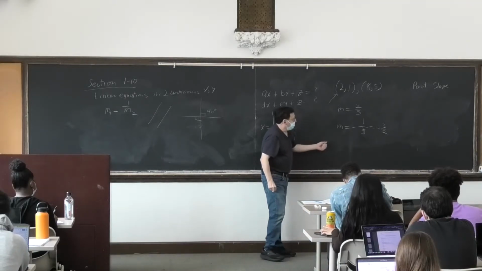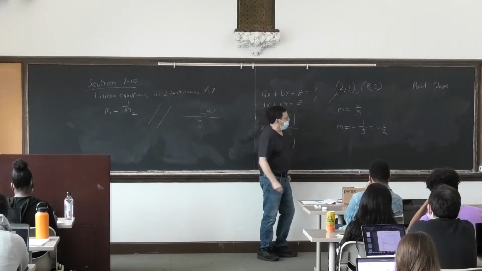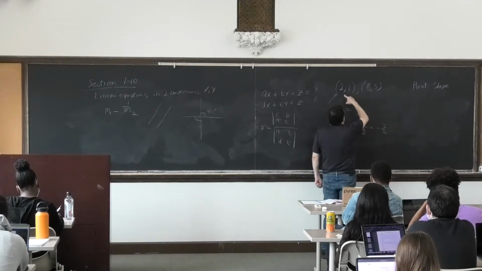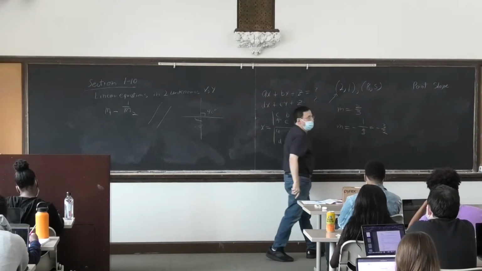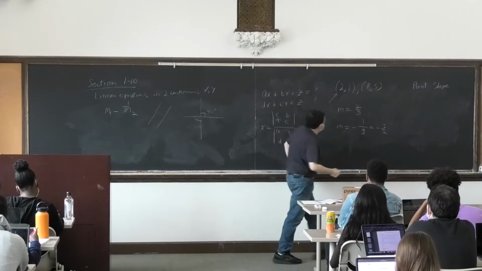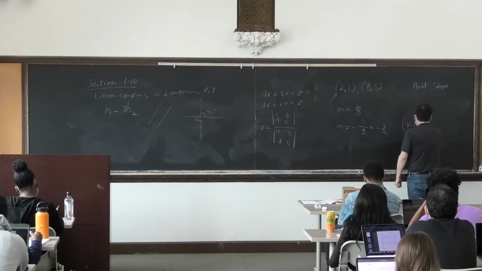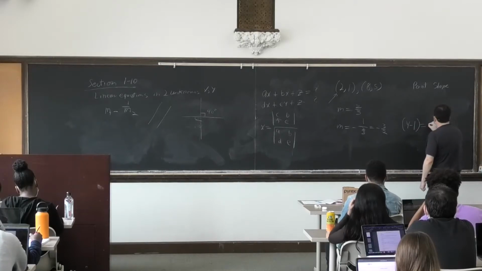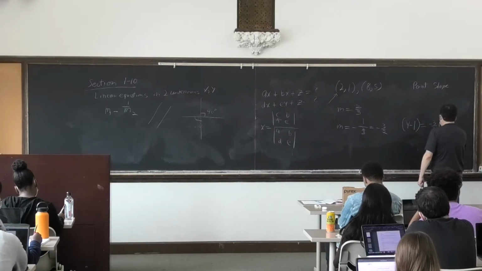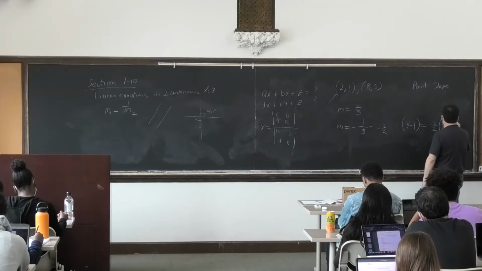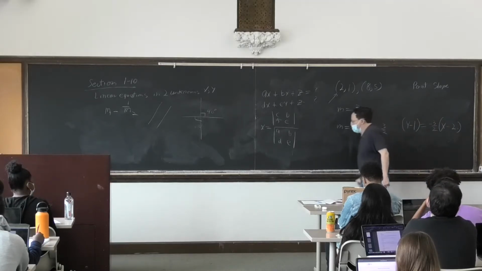And I'm back to the same place I was with the original problem. I have a slope, I have a point, I can use point-slope form, say y minus 1 equals -3/2, the slope, times x minus 2, and I'm done.